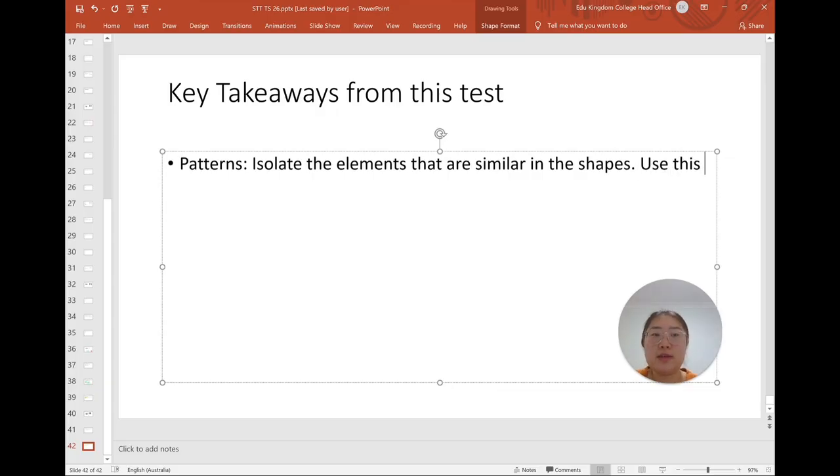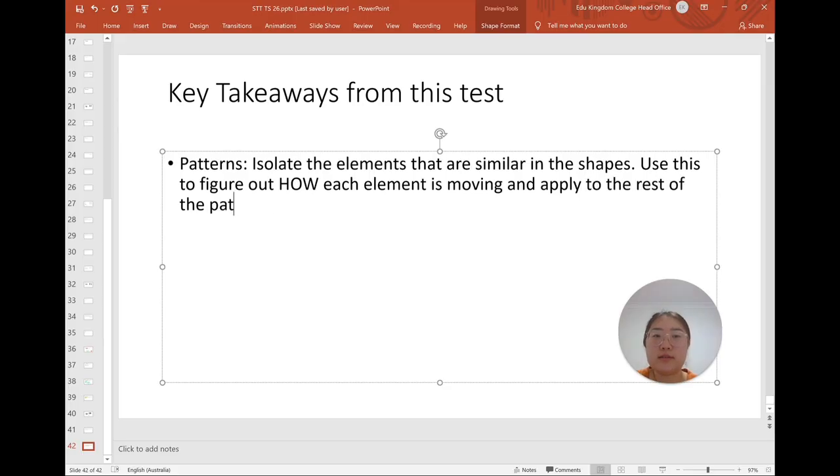Use this to figure out how each element is moving, and apply it to the rest of the pattern to find the question mark shape. I hope that makes sense. You need to make sure you can find out what is a similar thing between the different given shapes and how that element is moving around.